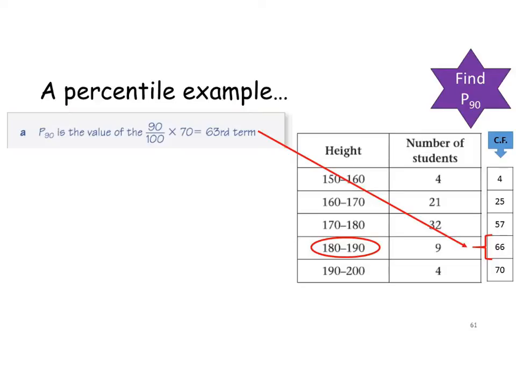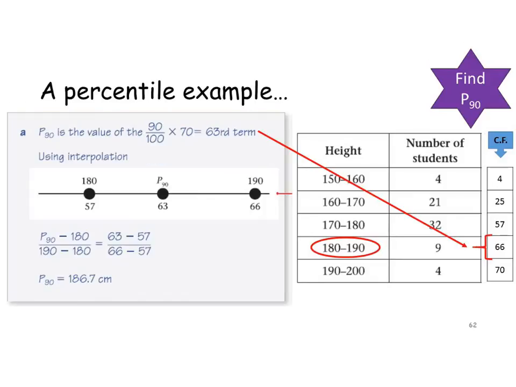We now need to do our linear interpolation and set up our diagram. Now, in this case, there are no gaps between our data values, so our data boundaries just match the classes. So we have data boundaries, lower boundary 180, upper boundary 190.